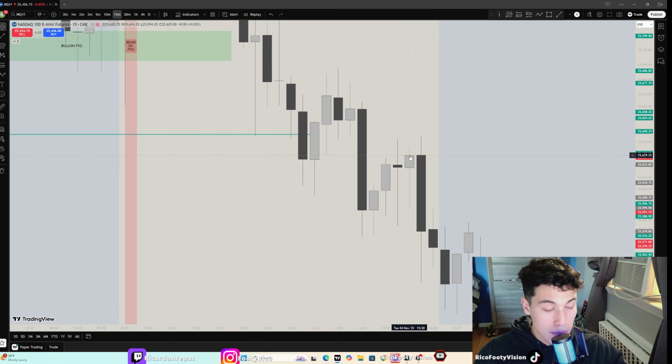In those 15 minutes, price moved like $50. So this is a bearish candle. I mean, sorry. This is a bullish candle because we opened down here, but we closed above it.